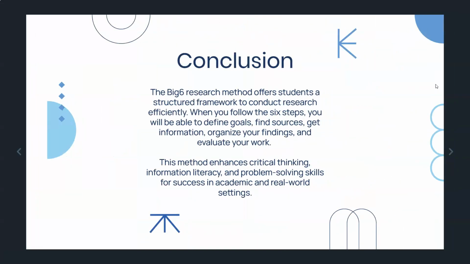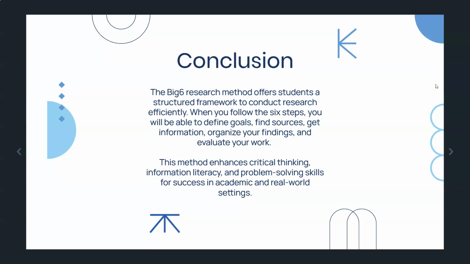So pretty much in conclusion, the Big 6 research method gives you a structured framework to conduct research efficiently. So when you follow the steps, you're able to have a definite goal. You know exactly what it is that your teacher wants you to accomplish. You are getting the most reliable sources and relevant sources for your topic, and you're sifting through that information.